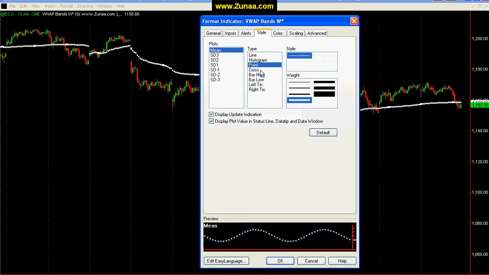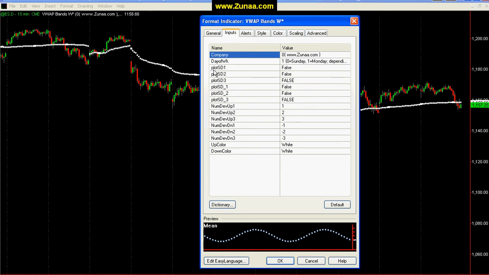The next thing I should show is that with these inputs, just like the other volume weighted average price bands that we have, the daily, weekly, or monthly, or if you're using the end day, which looks back and creates custom end days for you, you have the option of plotting SD1, SD2, SD3 above the band, and then the 3 below the band.